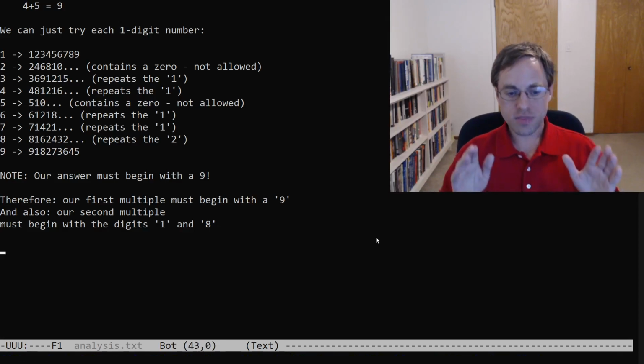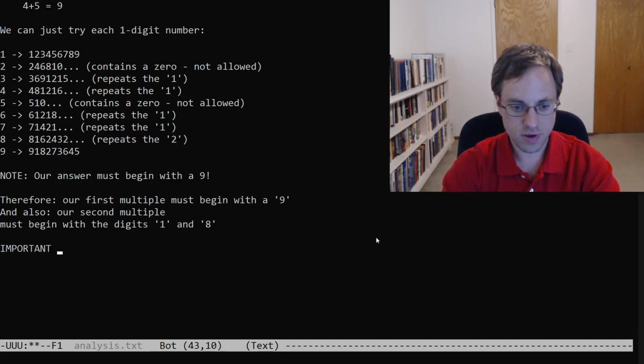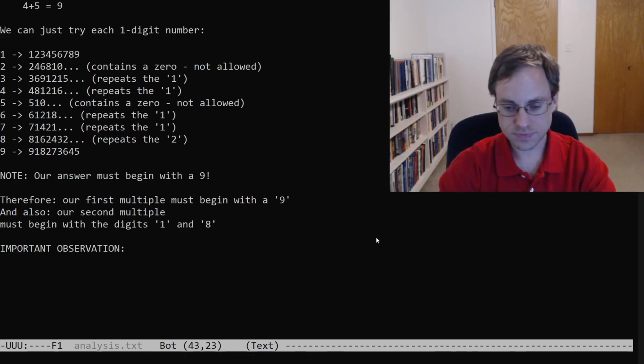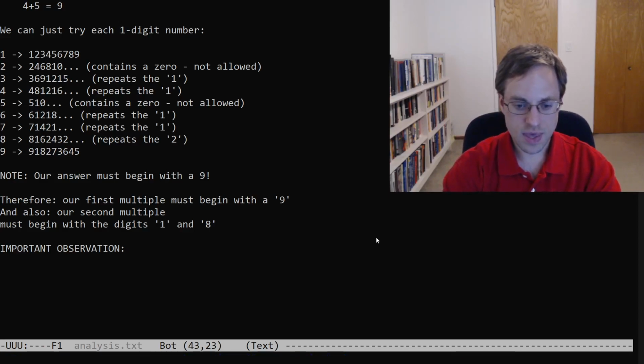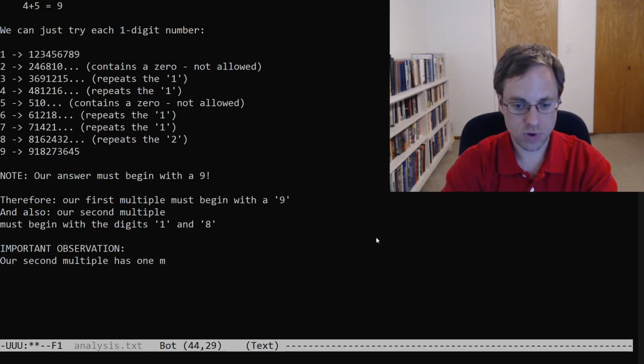Okay, the other important observation, so we'll say important observation, is that our second multiple has to have one more digit than our first. So our second multiple has one more digit than our first.